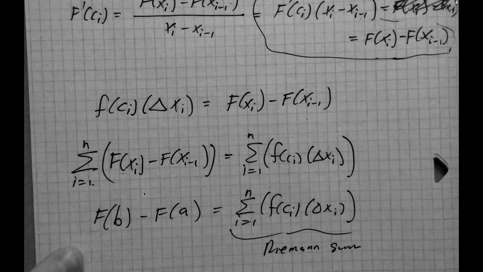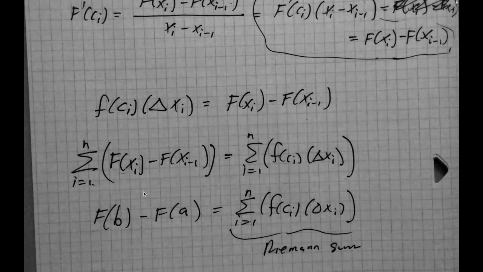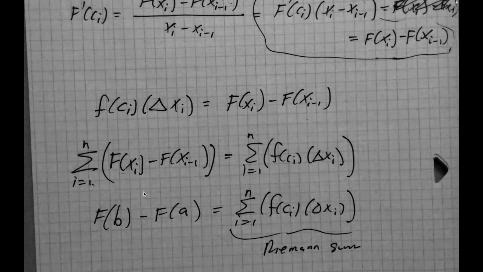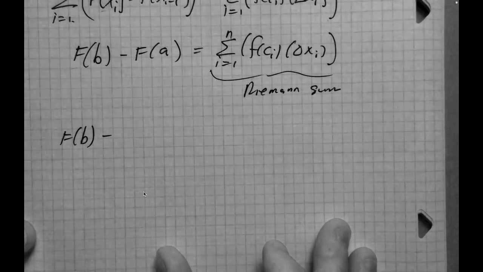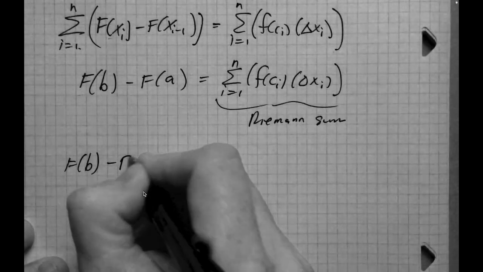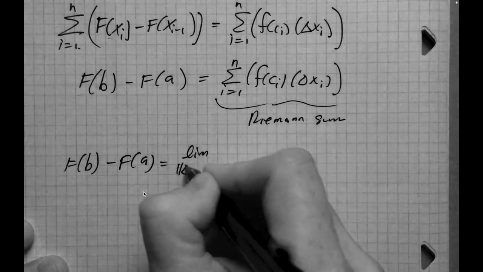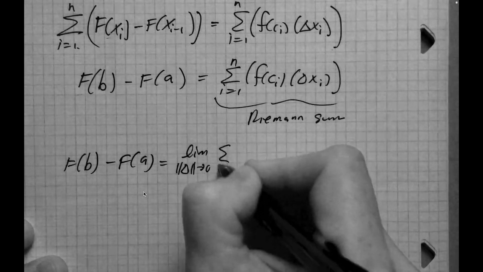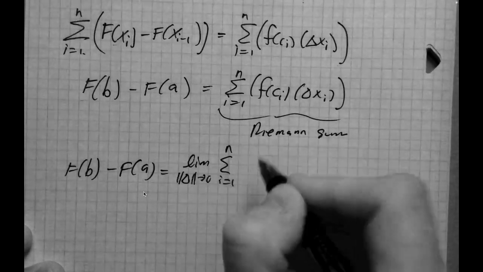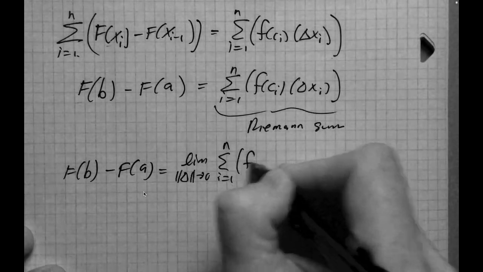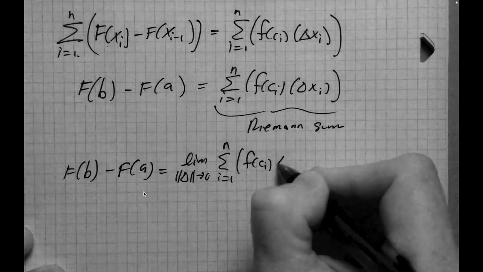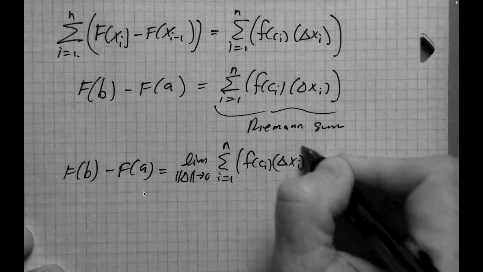So nothing to do on this side, but over here we're going to get some changes. So let's write it out. f of b minus f of a equals the limit as the norm of the partition goes to 0 of the sum i equals 1 to n of f prime of ci times delta xi.